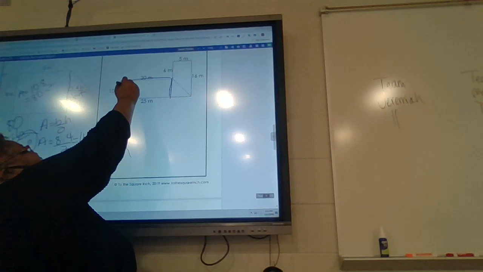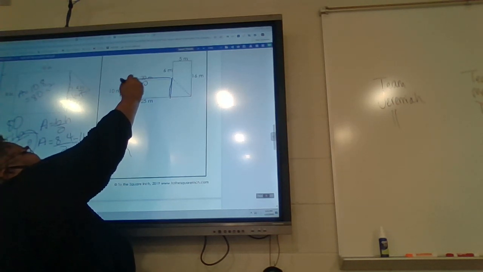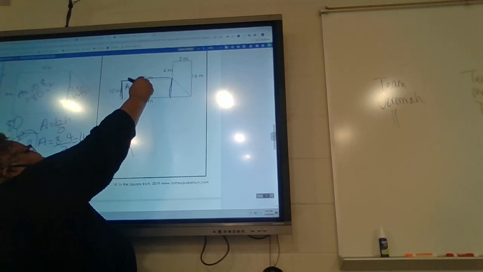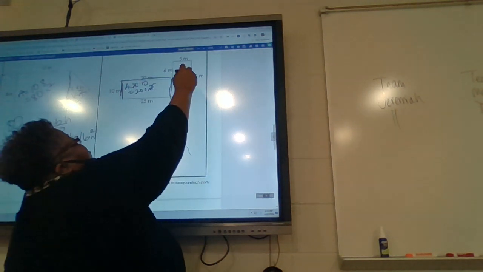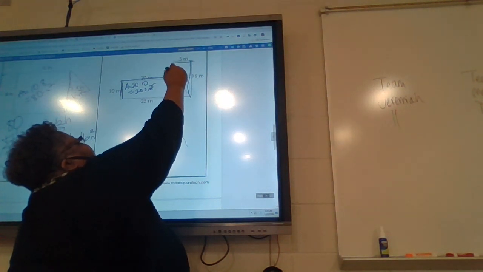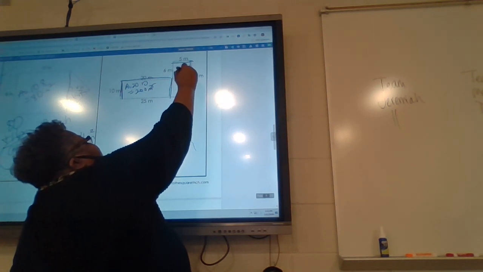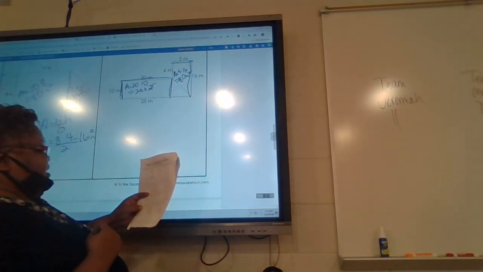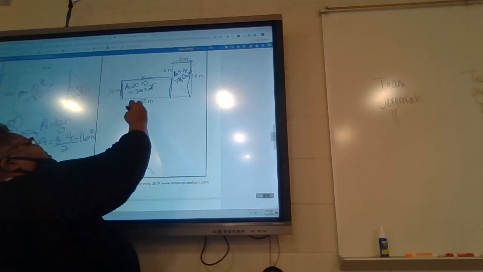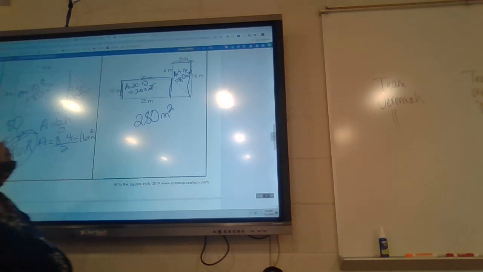Okay, so that's base times height, which is 20 times 10, which is 200 meters squared. This is also a rectangle, 16 times 5, or 5 times 16, and that's 80 meters squared. And then I add those together. 80 plus 200 is 280 meters squared.